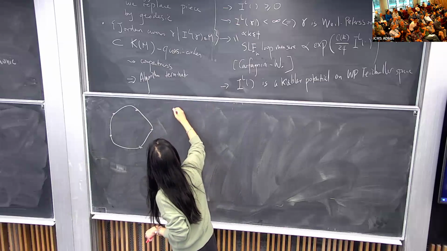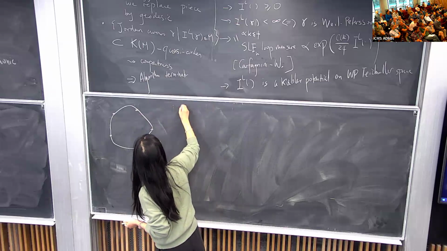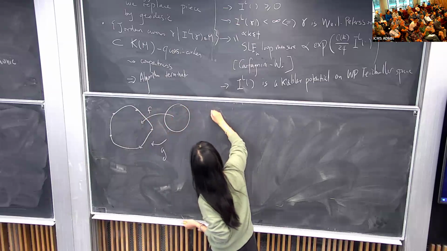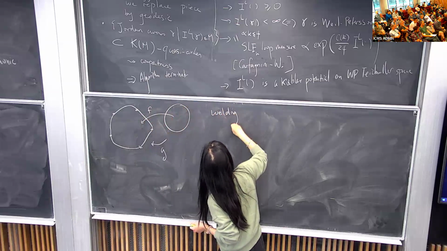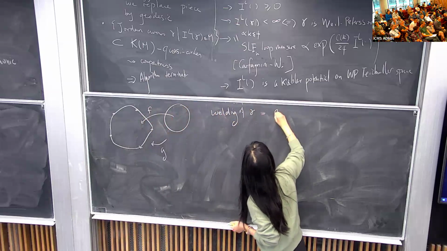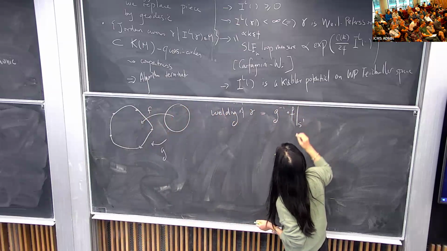Right, so you have to have a Jordan curve. We can talk about its welding homomorphism. So there's F, G. The welding of gamma is defined as G inverse composed with F restricted to the circle.